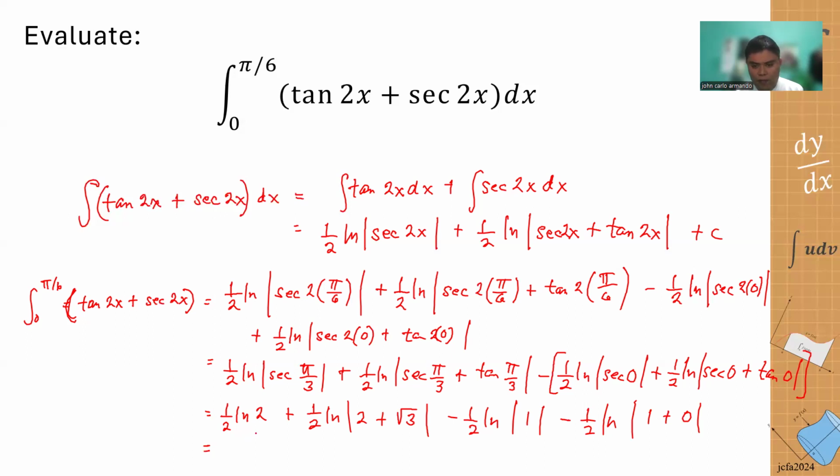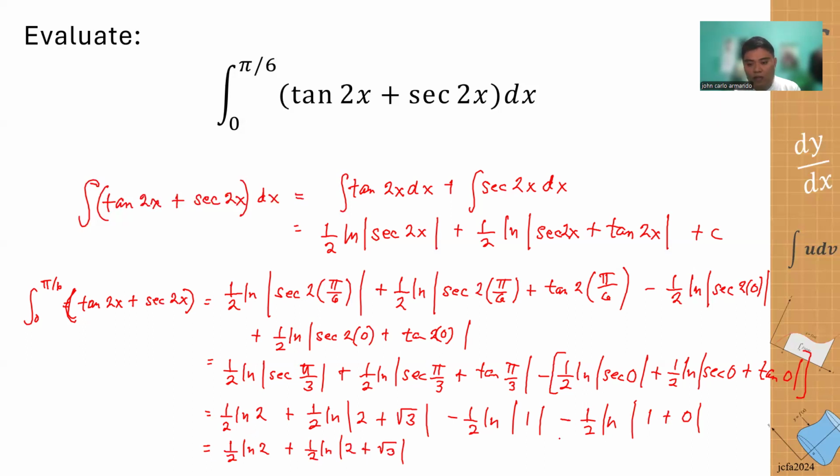How are we going to simplify this one? By the way, we go further. So, 1 half ln 2 plus square root of 3. ln 1 is 0, times 1 half is also 0. Then 1 plus 0 is 1, and ln 1 is 0.